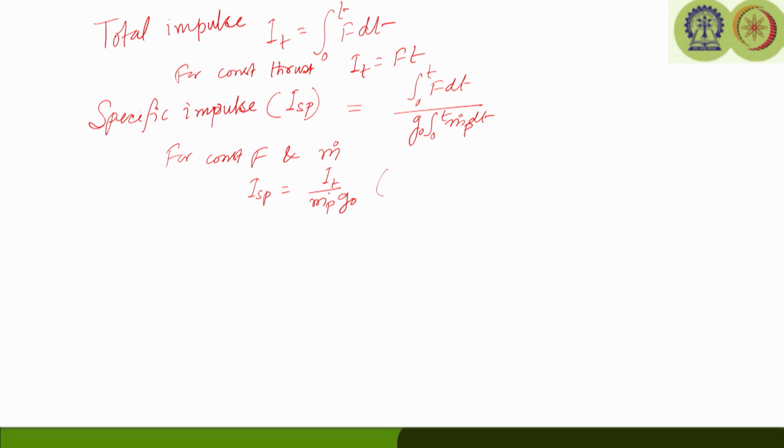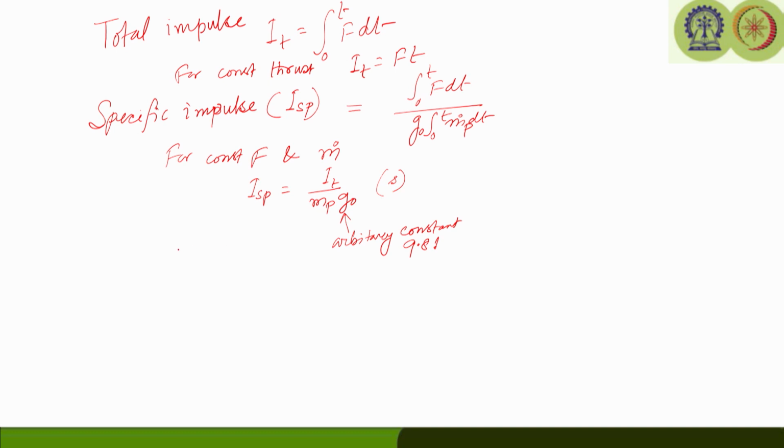If you look at the unit here, it will be just in seconds. In order to do that, G0 is considered to be an arbitrary constant with a value of 9.81 meter per second square. This is equally acceptable outside the earth's gravitational field, just to make sure that the ISP unit is in seconds.